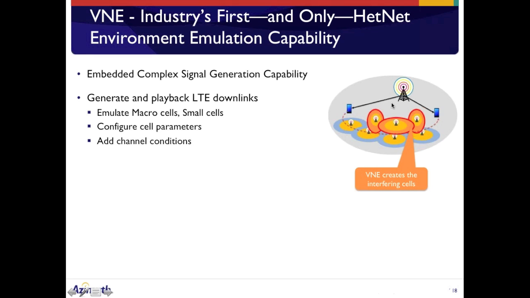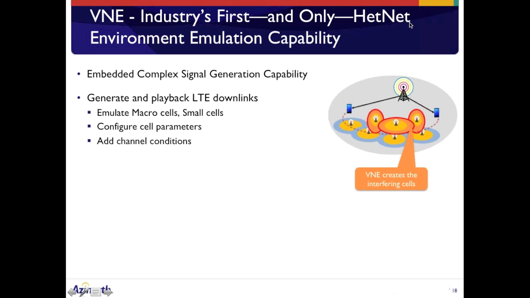Now, obviously, when we talk about an environment, as all of you know, the environment has two pieces. You have these interferers and then the actual conditions, or the channel conditions, through which they propagate. With VNE, not only do you have the ability to configure the actual channels, but you also have the ability to control the radio conditions the cells propagate through.